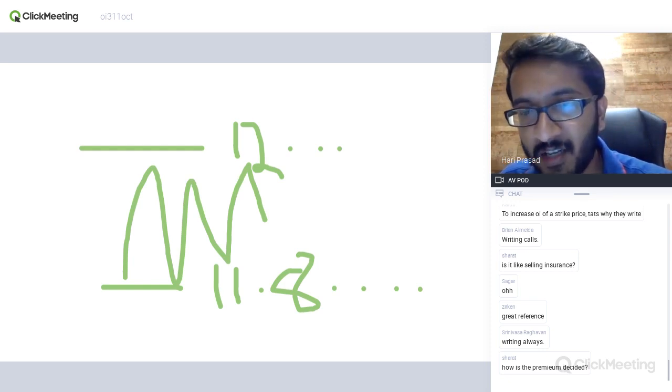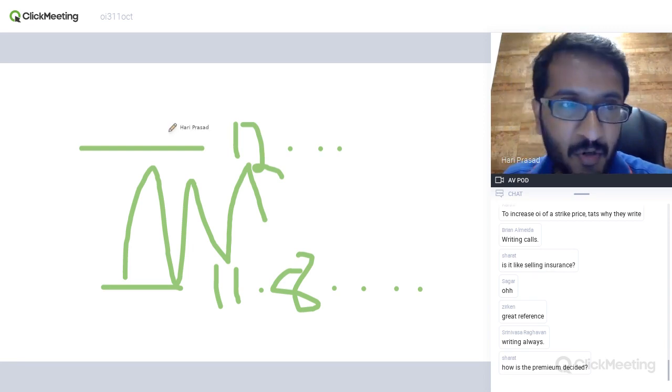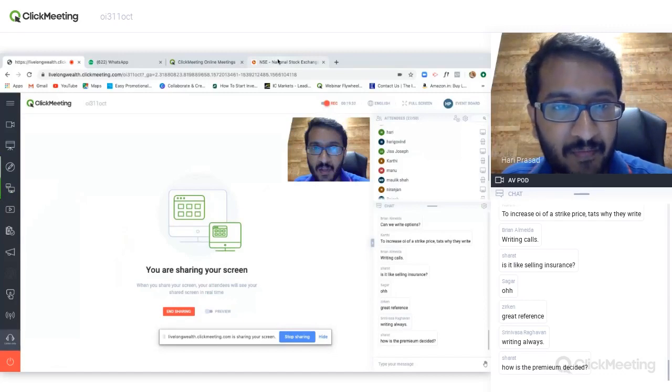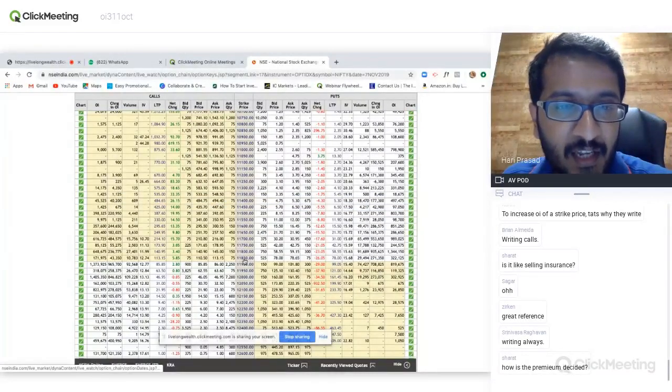Lots of factors. It depends on the expiry, depends on the current price. See, I'll just show you. Over here, the premium associated with the 11,850 contract is 113.15.